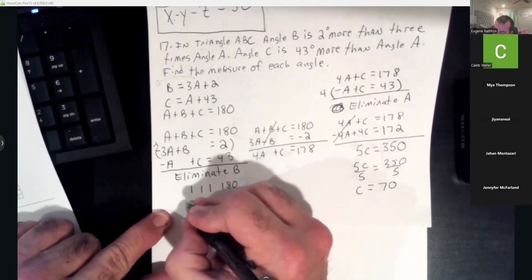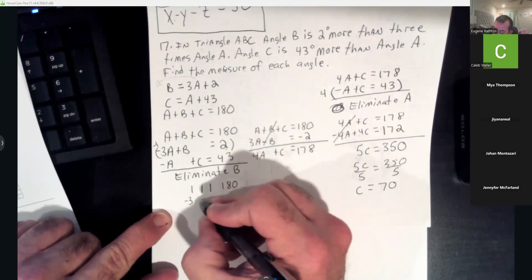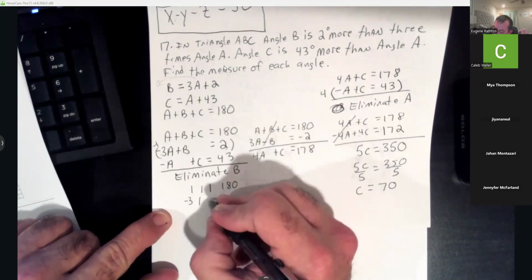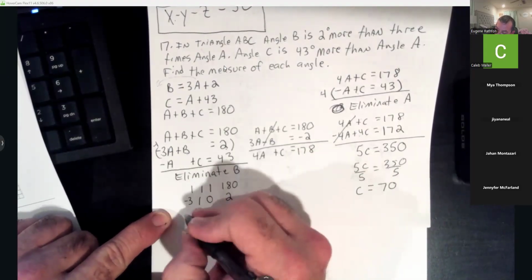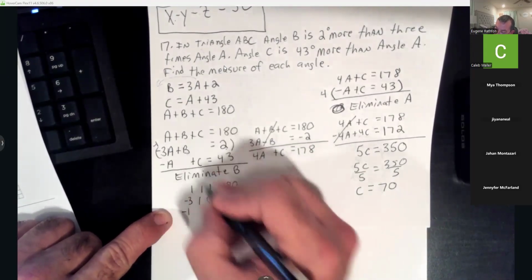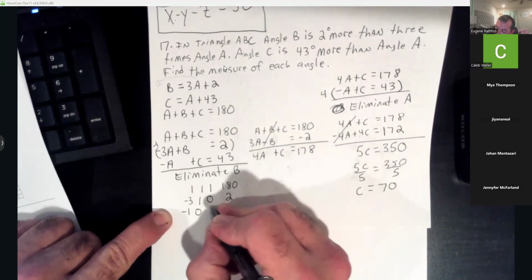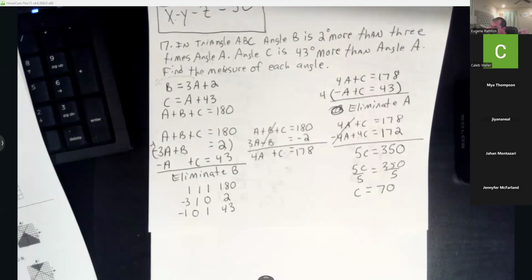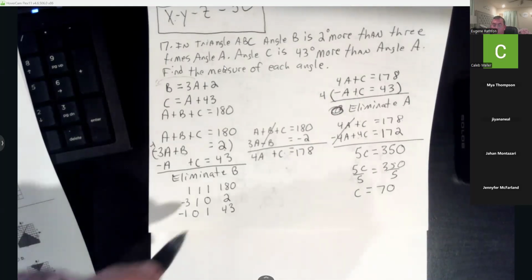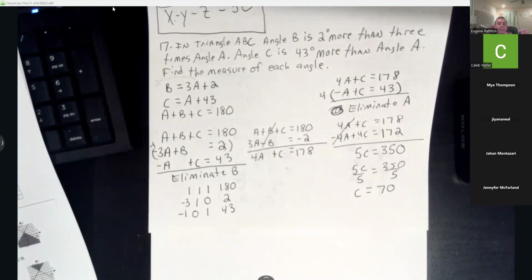I'll do -3, 1 for the B. There's no C here, so that's 0, and then 2. The last row, I'll do -1, 0 for the missing B, 1 for the C, and 43. All right, so let me share the calculator. These will be the numbers I put in.